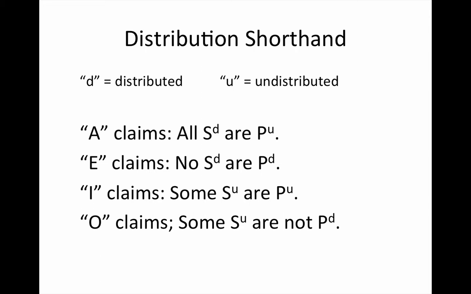That would say all M are S. So the universal affirmative in this case would distribute the middle term, because the middle term occupies the subject position. On the other hand, because the minor term occupies the predicate position, it is not distributed.